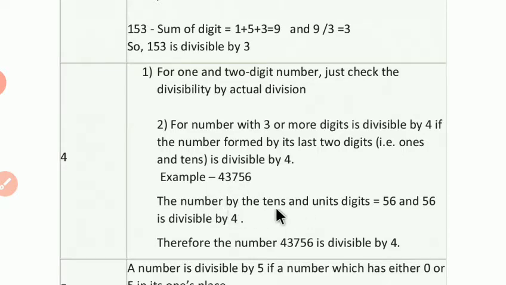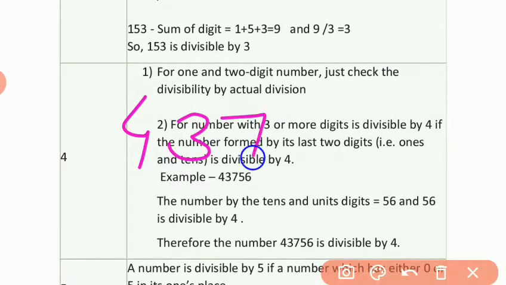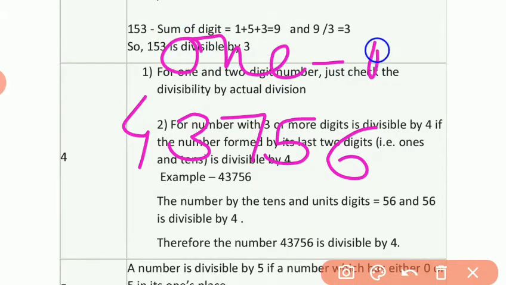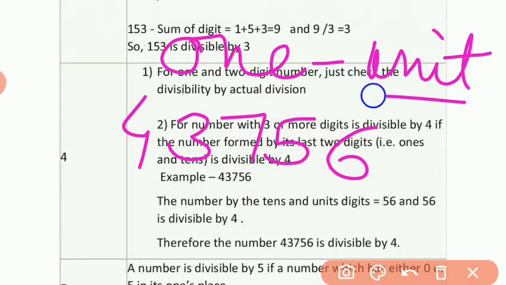So the number formed by tens and unit digit is 56. Here you can see that in 43,756, ones or unit means the first place of the number. So this is the ones or unit digit, which is 6, and 5 is tens.